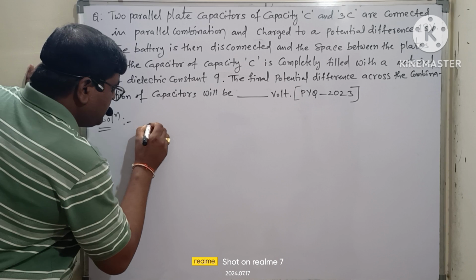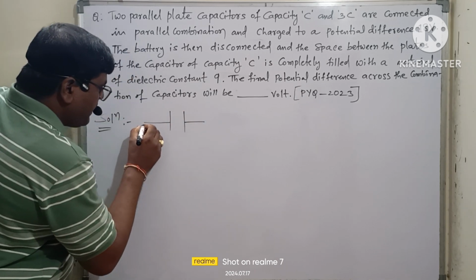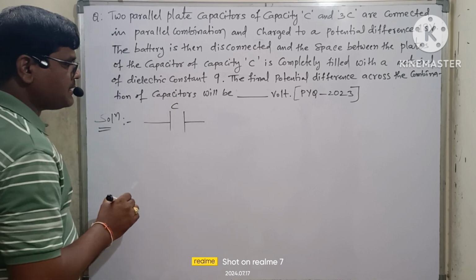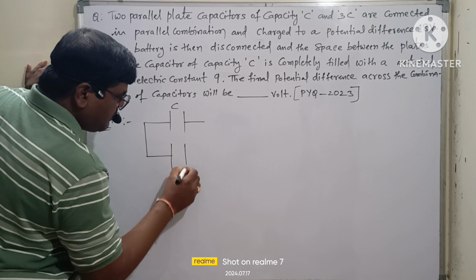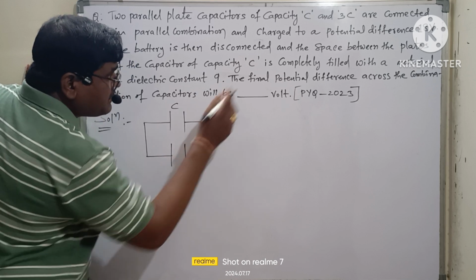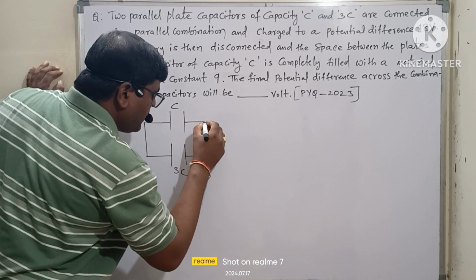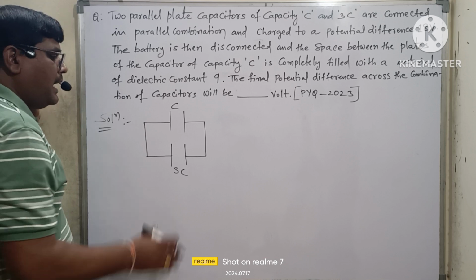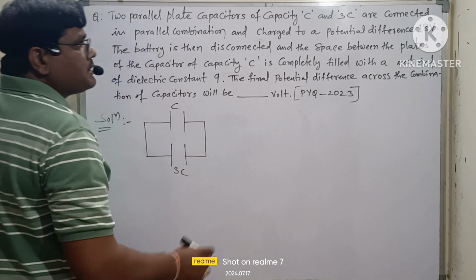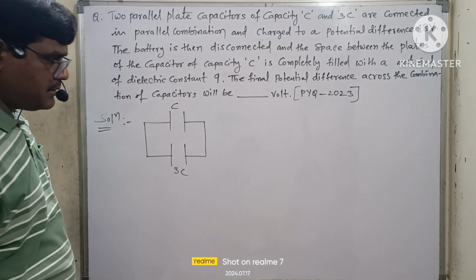Right. So what is the meaning here? Initially this is one capacitor and its capacity is considered as C. And one more capacitor, of capacity 3C. These two are connected like this, in parallel, and this combination is connected to a potential difference of 18 volts.